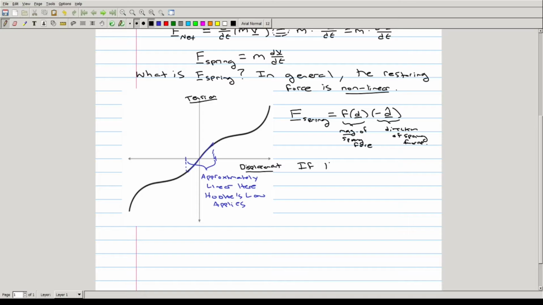If the size of the displacement vector is small enough, and stays small enough, Hooke's law applies.